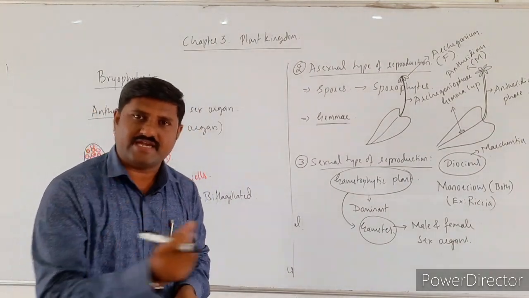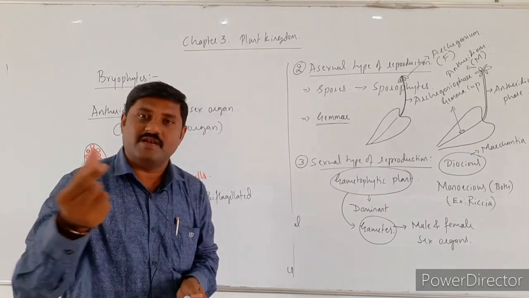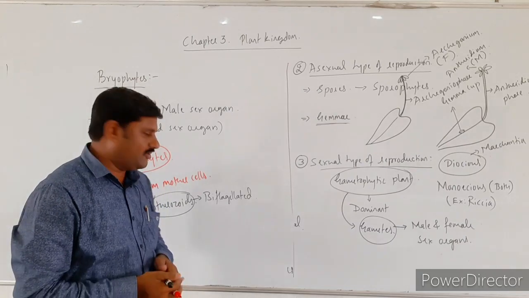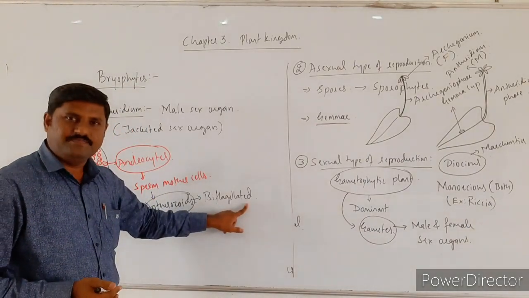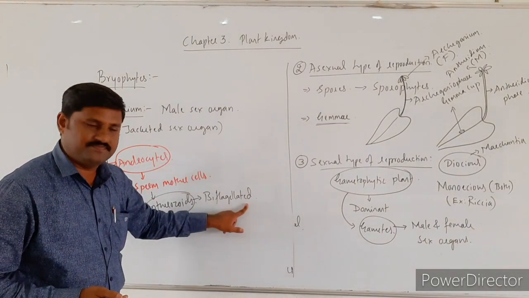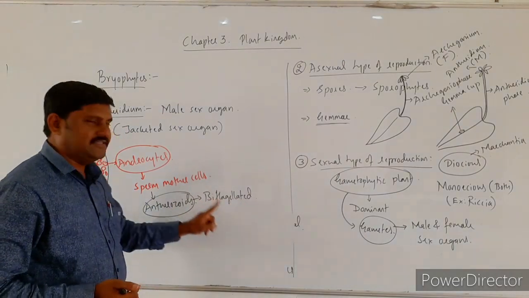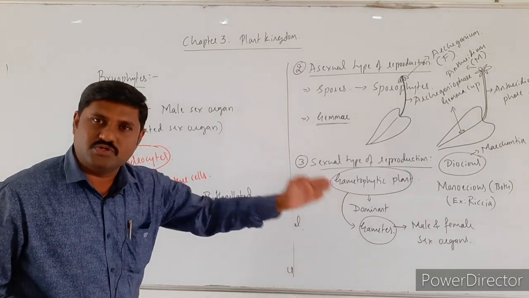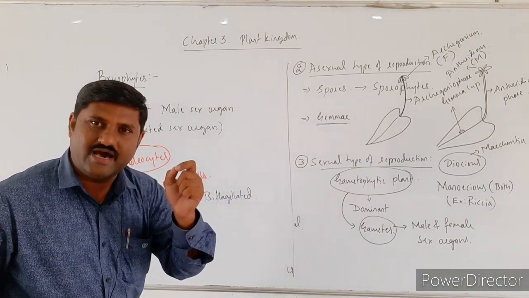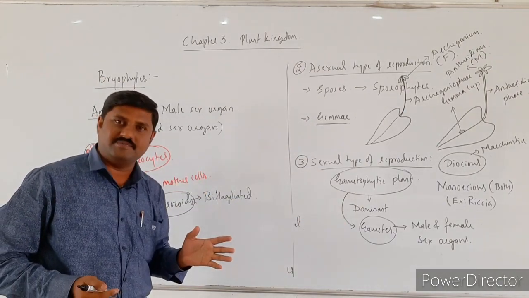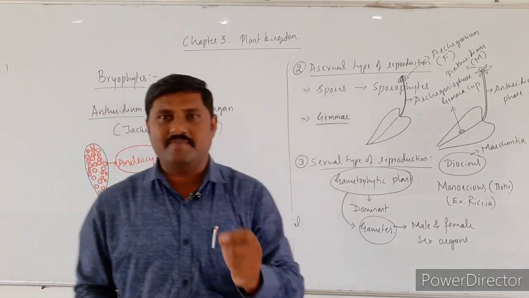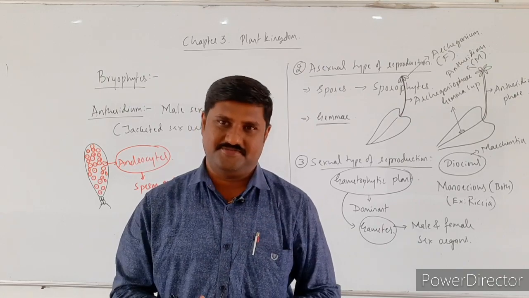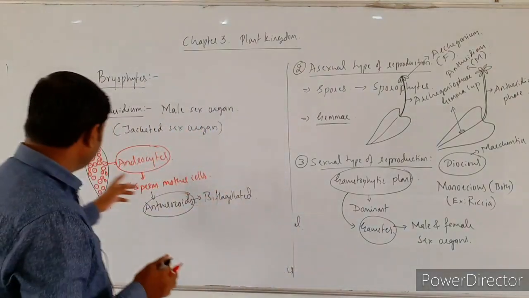They swim very actively in water. A thin film of water is required for sexual reproduction, as I mentioned. So the biflagellated antherozoids swim in the thin film of water and move towards the archegonium, which contains the female sex cell called the egg cell or ovum. Now it is very clear.